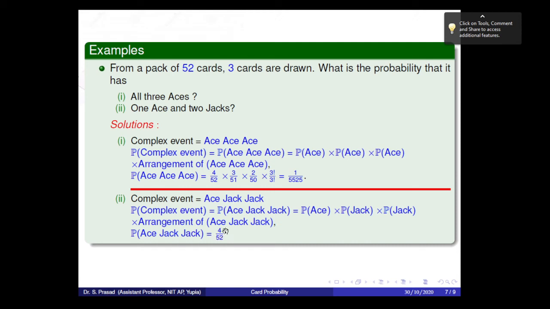First we write 4 by 52, since aces are coming in the 52 cards, into 4 by 51 for the jack.